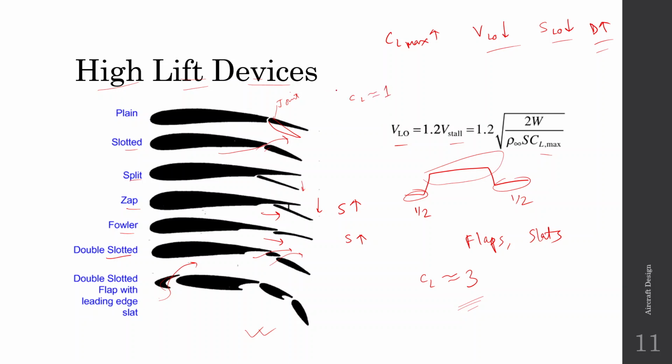I'm talking about CLmax. So you can see that this is almost a 3 times increase in the lifting capabilities of the wing. Okay, so this will reduce the stall velocity, the landing and takeoff velocity, and also the takeoff distance. Okay, so these were some examples of high lift devices.